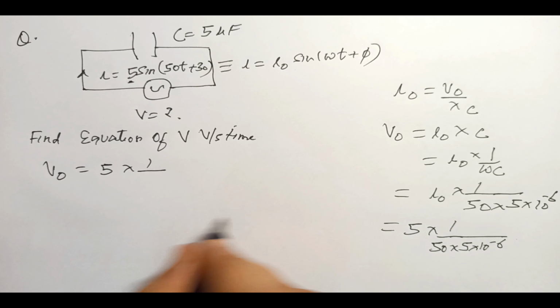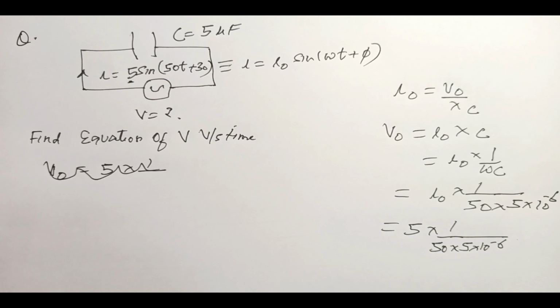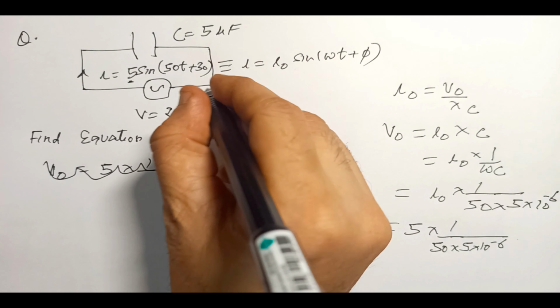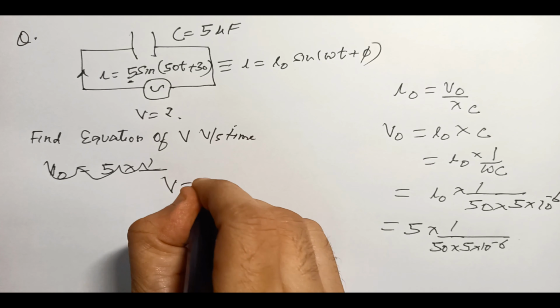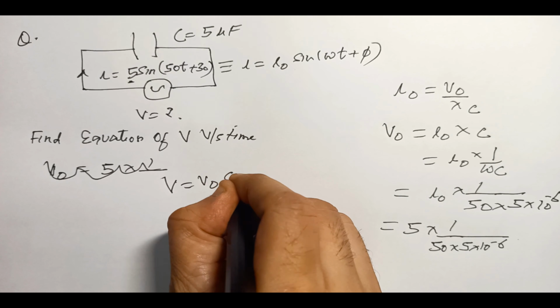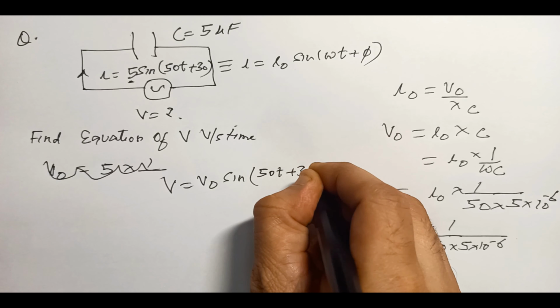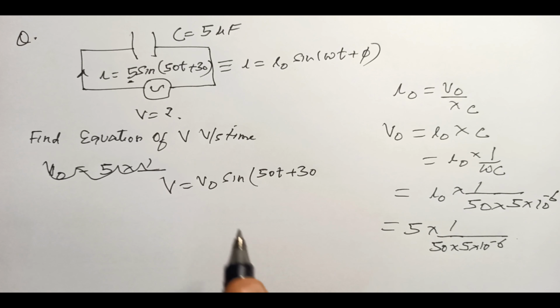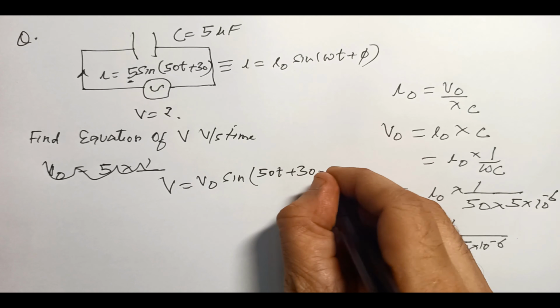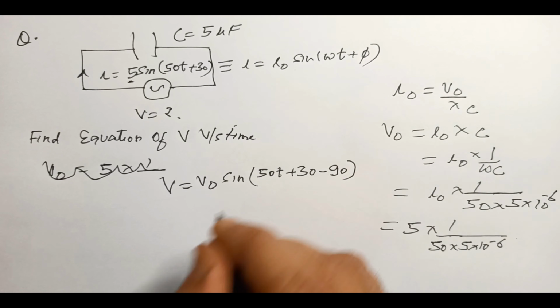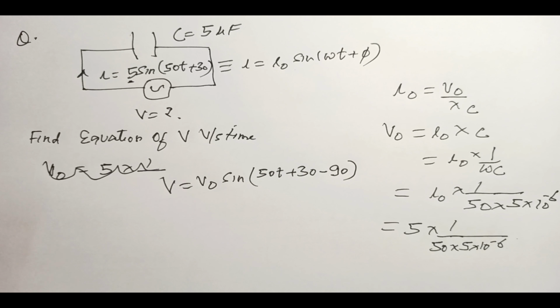Now we also know V is equal to V naught sine 50t plus 30, and in this case voltage would be lagging behind by 90 degree, what we have done just about 5 minutes back, right?